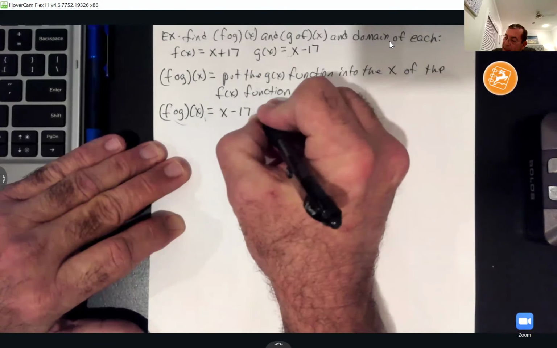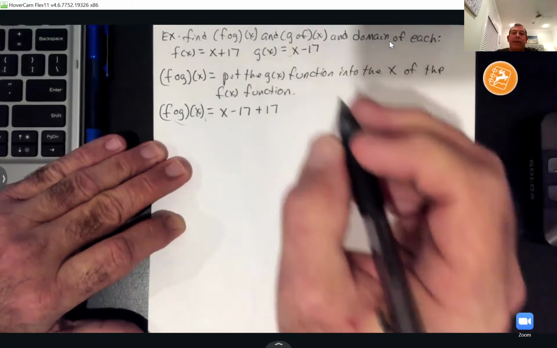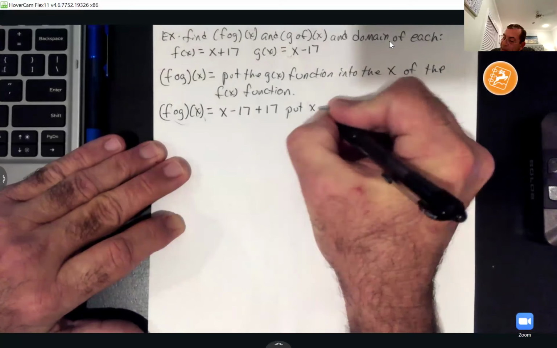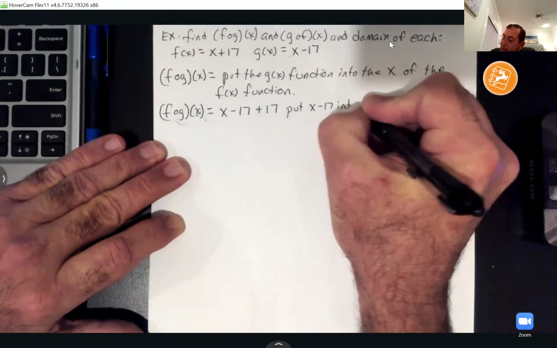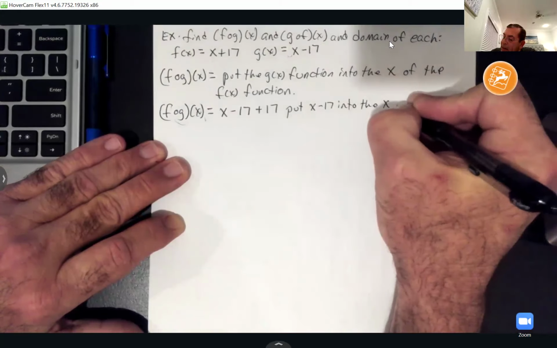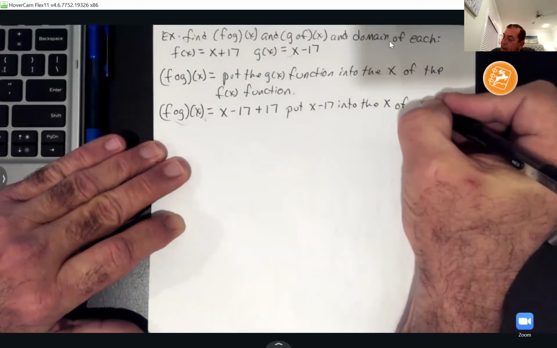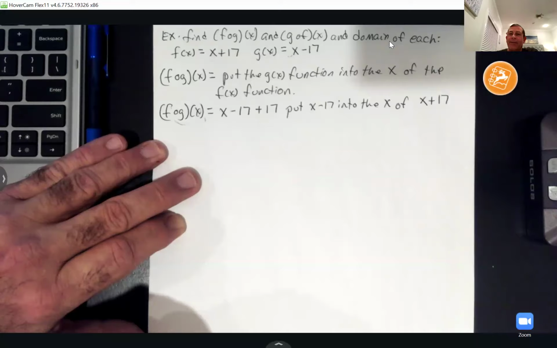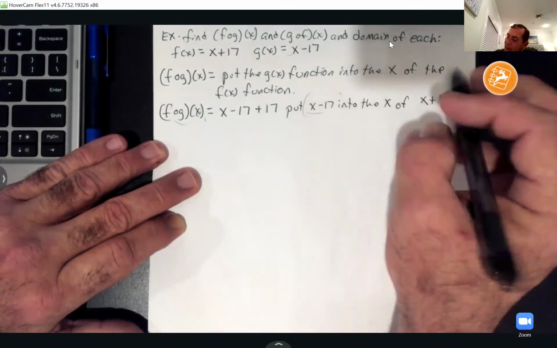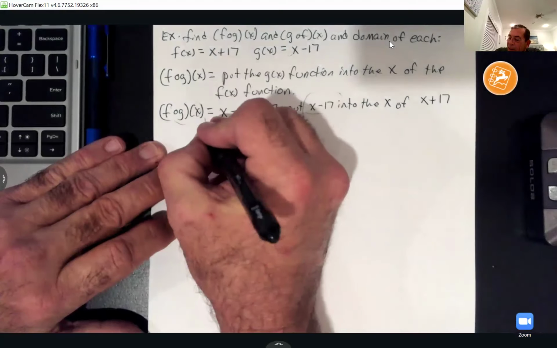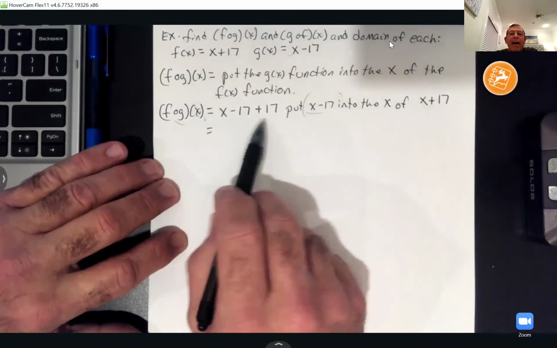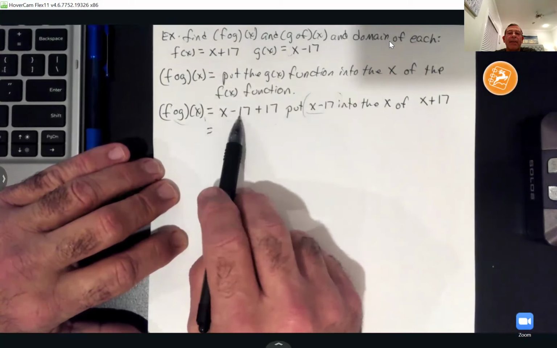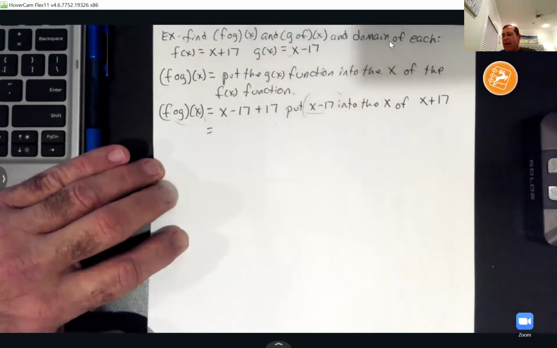And then I still have my plus 17. So right here, I put x minus 17 into the x of x plus 17. So y'all with me? This whole thing went into that x. Now, we can simplify this though. So y'all, what does x minus 17 plus 17 simplify to?